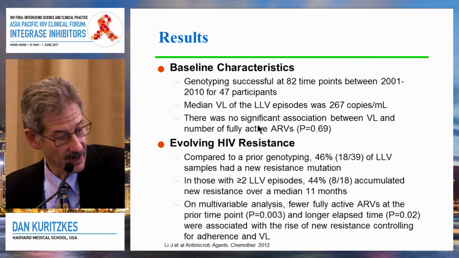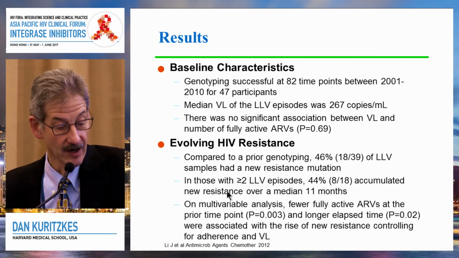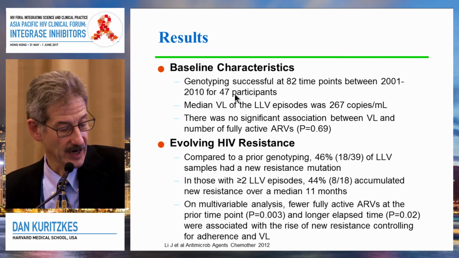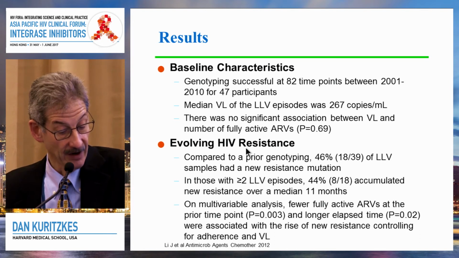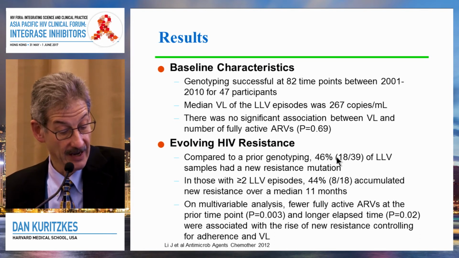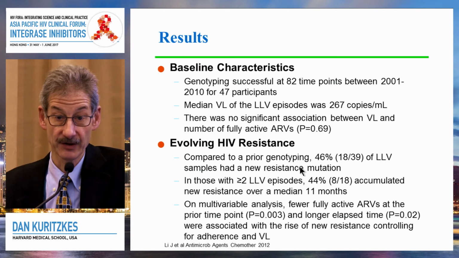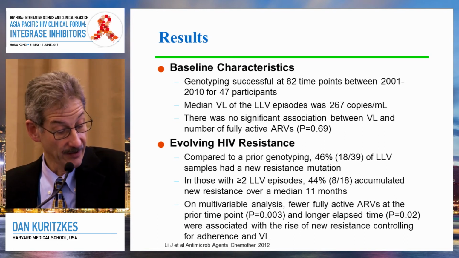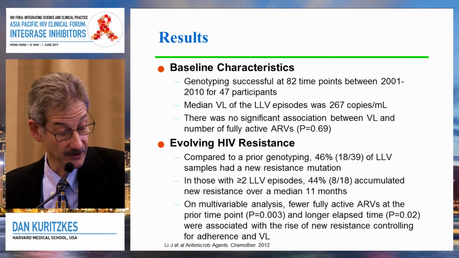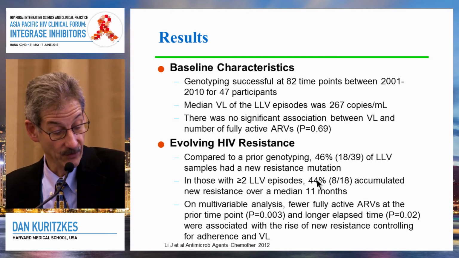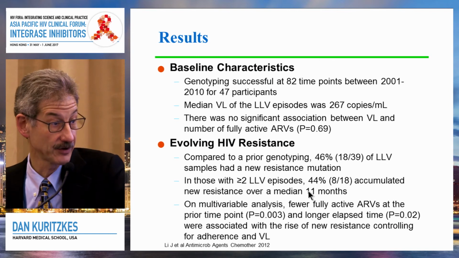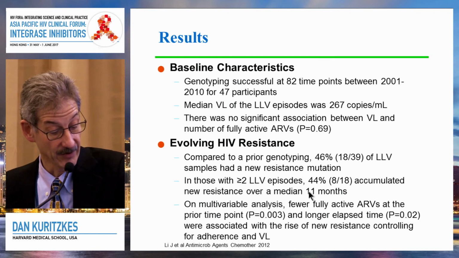I won't take the time to go through all the details here, but we had data from samples from 47 participants, and 46% of them had new resistance mutations that emerged during these episodes of low-level viremia. In those who had 2 or more episodes of low-level viremia, 44% accumulated new mutations over an average time period of about 11 months.